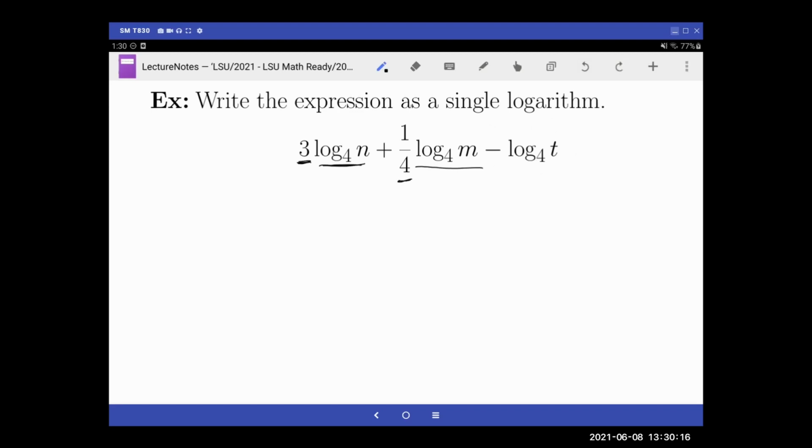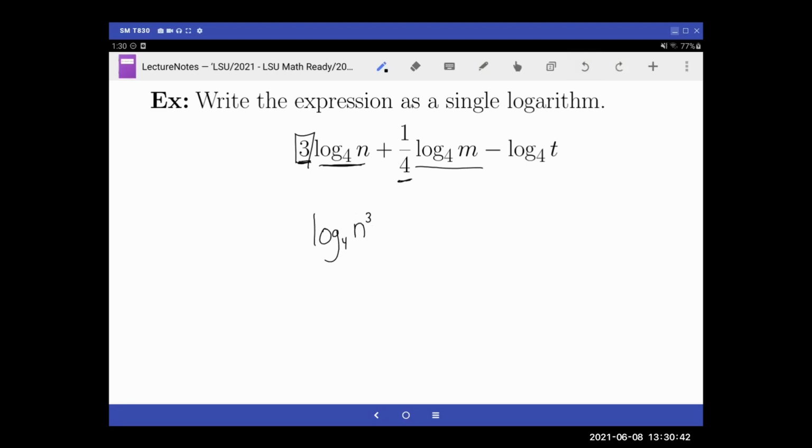Okay, and so if you have a number multiplied times a logarithm, that number out in the front becomes the exponent on whatever's inside the logarithm. Okay, so this is going to become log base 4 of n to the 3rd power. That 3 gets transferred up. If you wanted to write it the other way, you could always bring the 3 down.